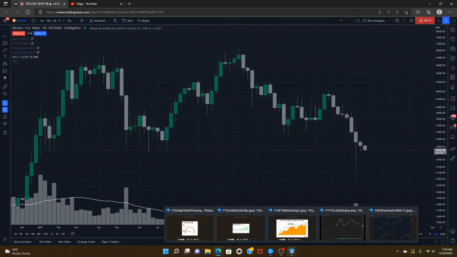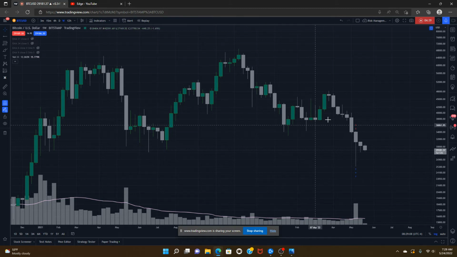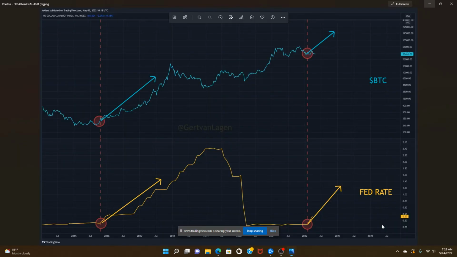You know, the interest rates, I think people are using interest rates to kind of explain this move right here. But if we just return to this chart here, this chart demonstrates the federal funds rate rising with Bitcoin's price action.